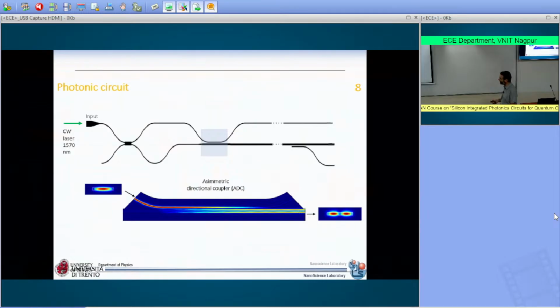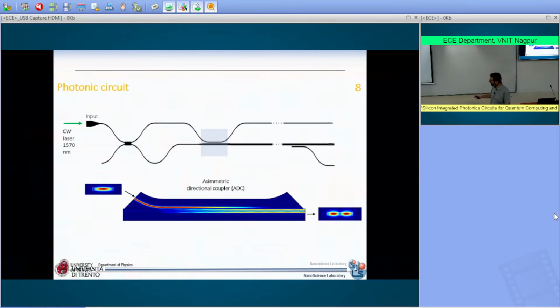You see, this is the fundamental mode traveling in this waveguide, and this fundamental mode is coupled with the first order mode in the second waveguide. So what you achieve in this region is a modal conversion between the fundamental and the first order mode.